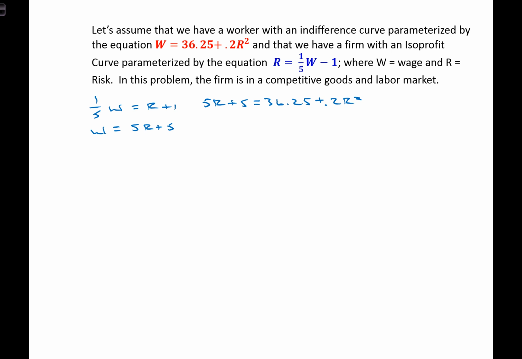And in the quadratic form, it's much easier if we end up with a positive squared variable. So let's go ahead and rearrange this so that we end up with 0 equals something, so we can use the quadratic form for that. So I think this is going to yield 0 equals 36.25 minus 5R minus 5 plus 0.2R squared.